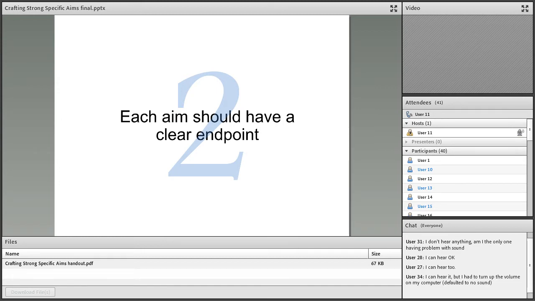So let's move on to our second guideline for designing strong specific aims. Think about the aims as units of work that will have a clear outcome or endpoint or produce a research output. The NIAID, National Institute of Allergy and Infectious Diseases, has a great website with a lot of good information on grant writing.